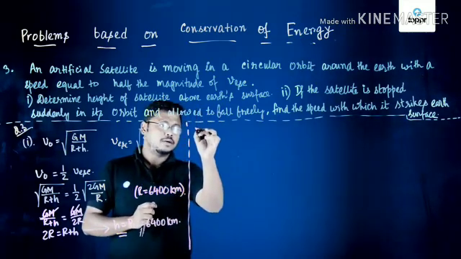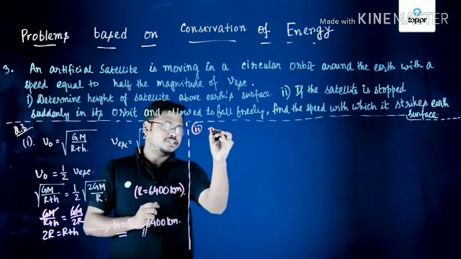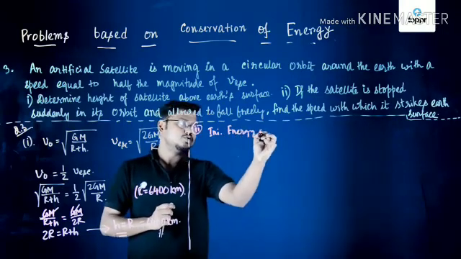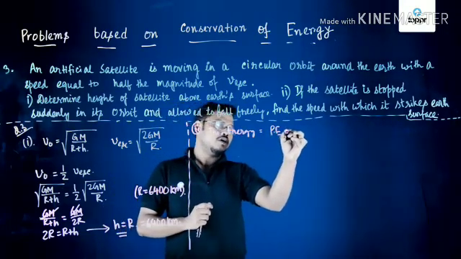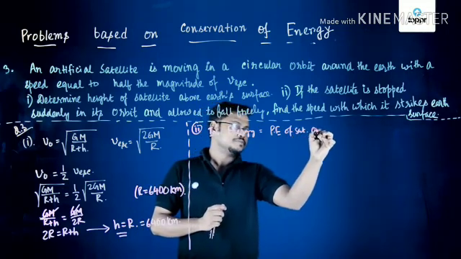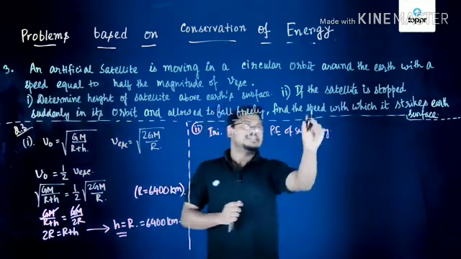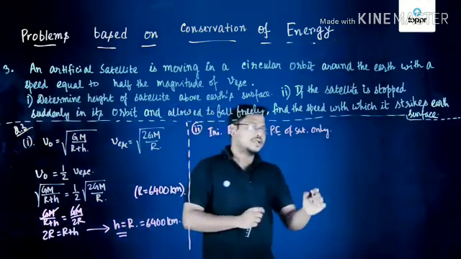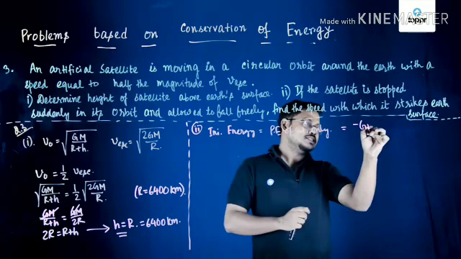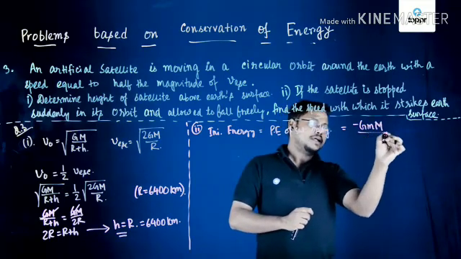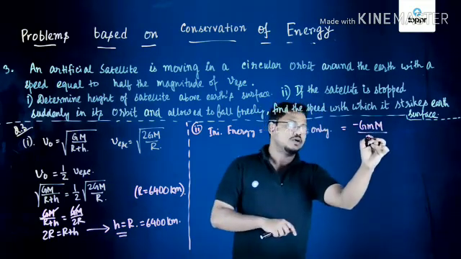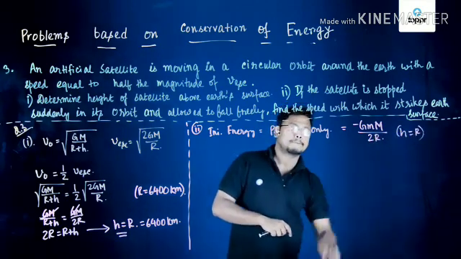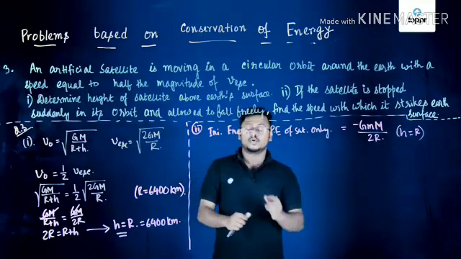So we can write for the second part, initial energy equals potential energy of the satellite only, because the satellite is stopped. When it is getting stopped, it means the velocity is 0. So we can write it as minus GMm divided by R plus h, or I can write just 2R because h equals R. So this is the initial total energy.